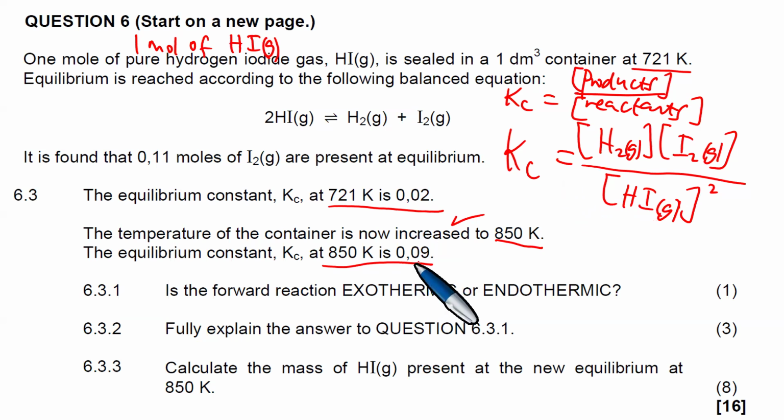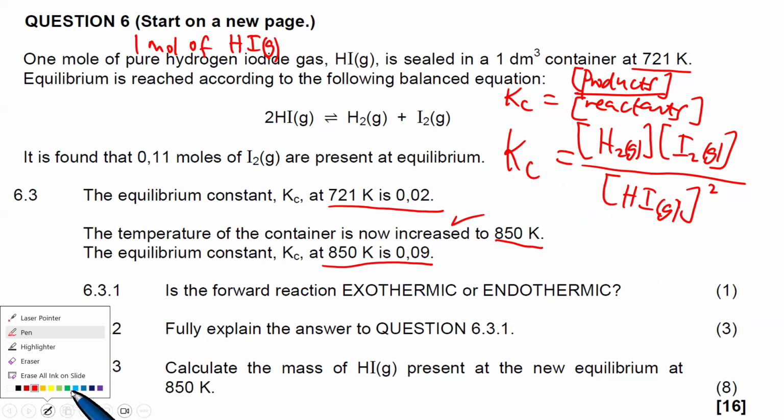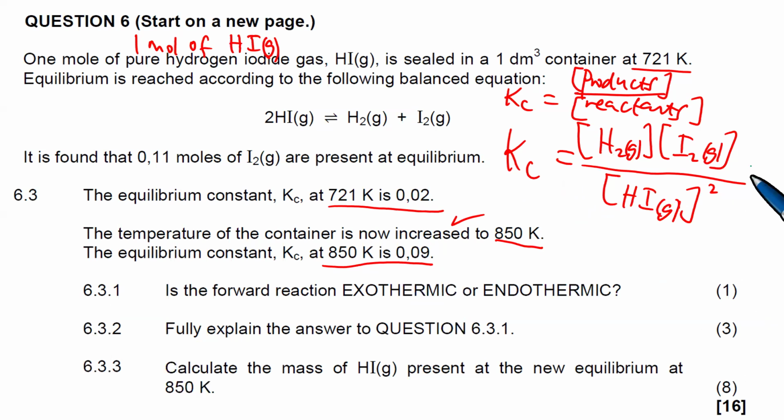The Kc is now bigger. For this Kc to become bigger, it means that the numerator must become bigger, and the denominator must become a little bit smaller, at least. Or the numerator can become bigger and the denominator remains fixed.